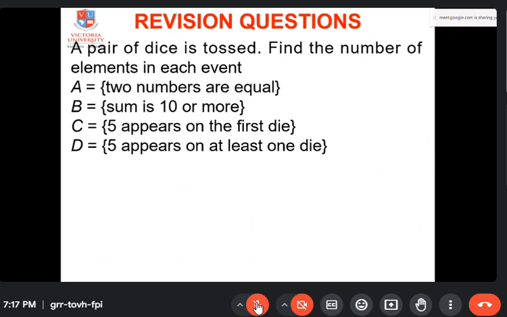Very good. So you can see a 5 is appearing on the first die for those 6 cases: 5-1, 5-2, 5-3, 5-4, 5-5, and 5-6. Then a 5 appears on at least 1 die.